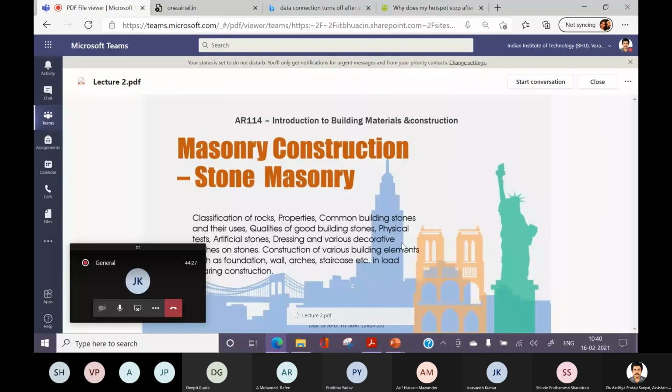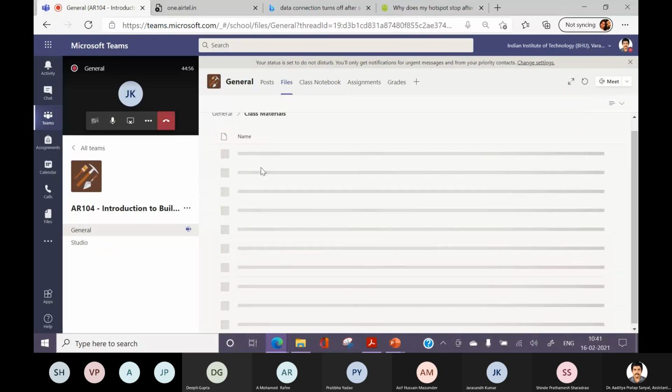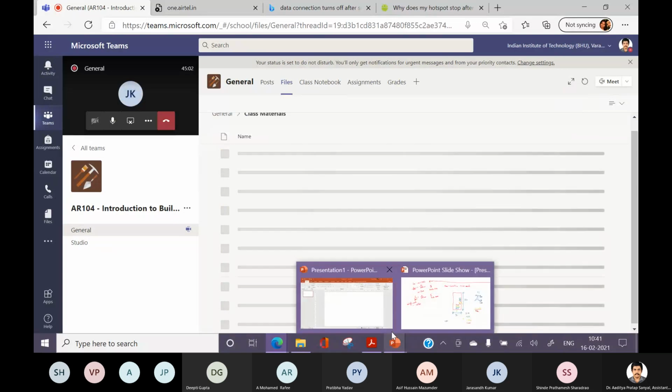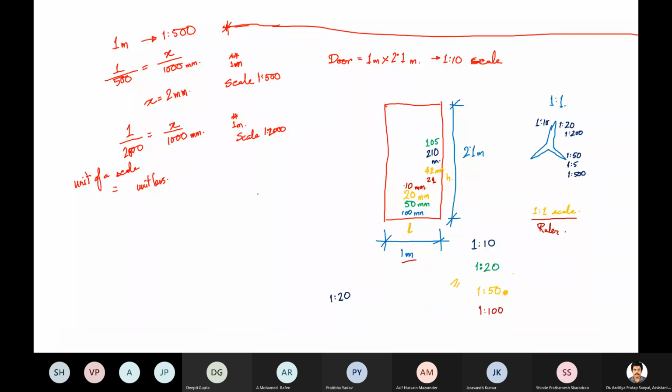It is opening, taking a little bit of time. Whatever, I'll just try to draw here.